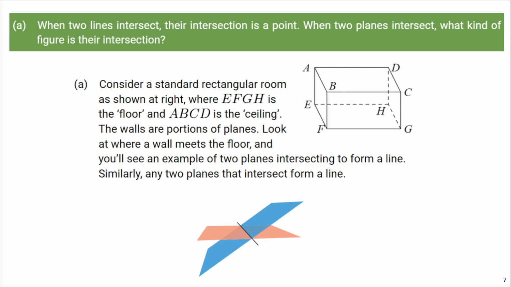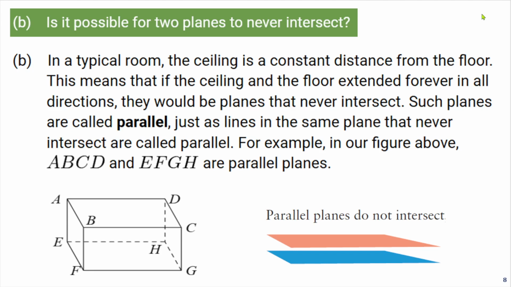Actually, if we learn analytic geometry in the later sections, it's very easy to explain this. Okay, second question. Is it possible for two planes to never intersect? Again, let's consider a typical room. The ceiling is a constant distance from the floor.